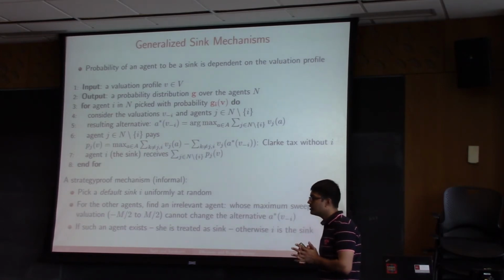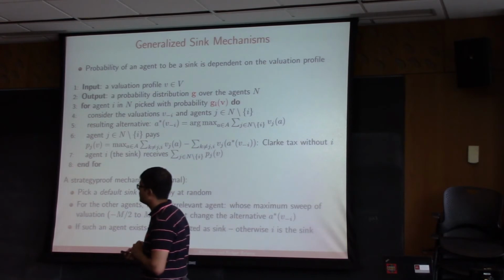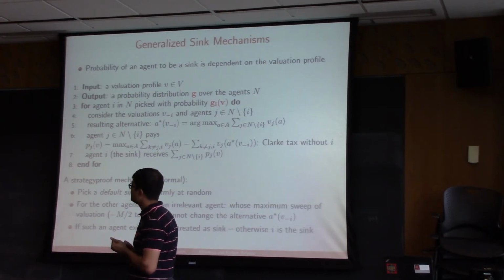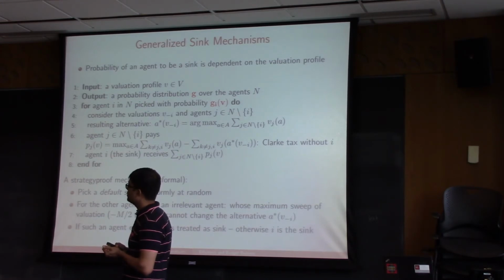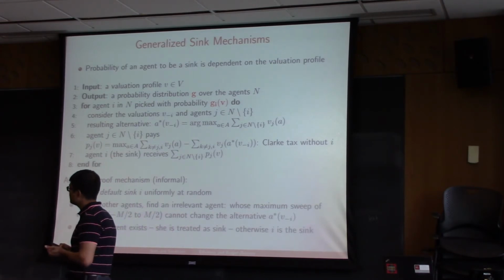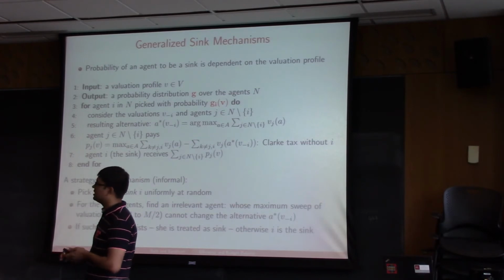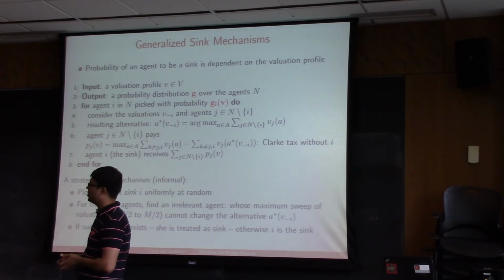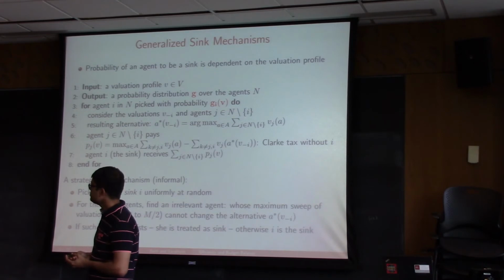I'm missing a little bit of the algorithm. It says output the probability distribution, and then in the follow-up you're already calling the probability distribution. What's going on? You're saying for i in n, take this probability g_i. Just saying what's the output at the end of the algorithm. It's not a command. But on the third line you're already describing it, so how can you be calling g_i(v) when you haven't defined it yet, if it's supposed to be the output of this algorithm?